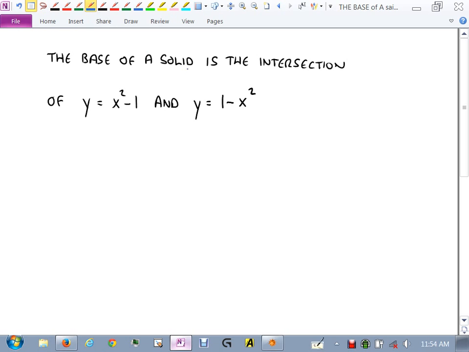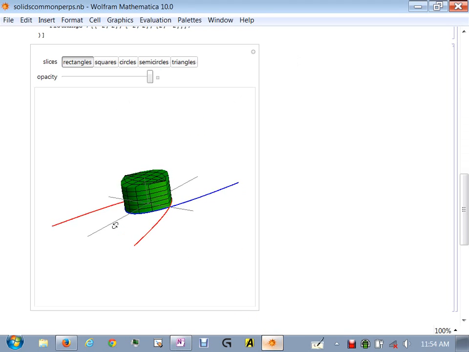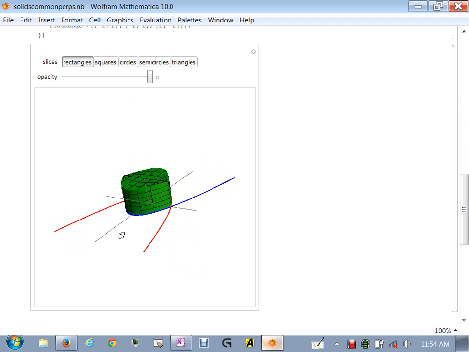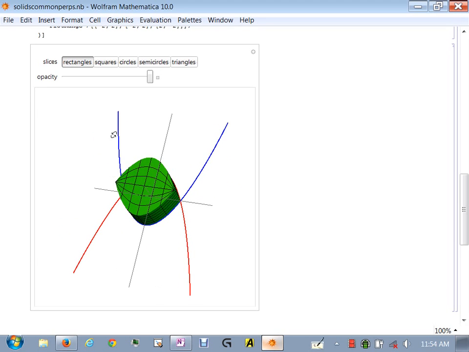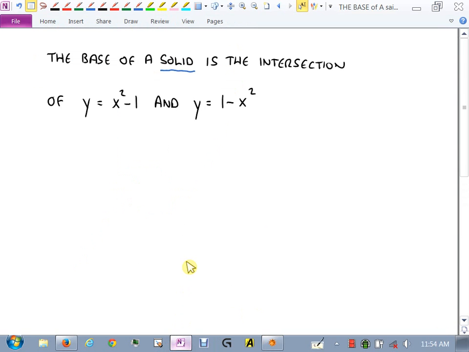So I'm telling you right now, the base of a solid is the intersection of these two parabolas, right? By the way, we are doing exactly this right here. That blue one and that red function are exactly x squared minus 1 and 1 minus x squared. That's what they are, all right? So the base of a solid is the intersection of those two.